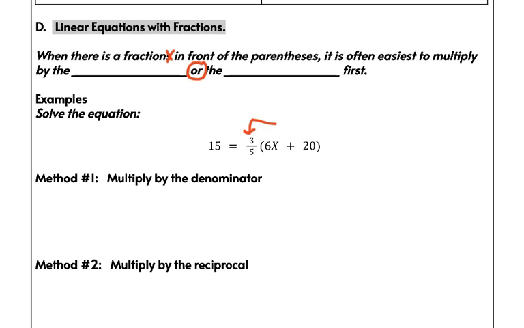A lot of times we're taught to multiply by the reciprocal. For a fraction, a reciprocal is a flip. The reason that gets rid of it is because now you'll notice we have 2 over 2, 3 over 3, it's 1 and it's gone. That does work.